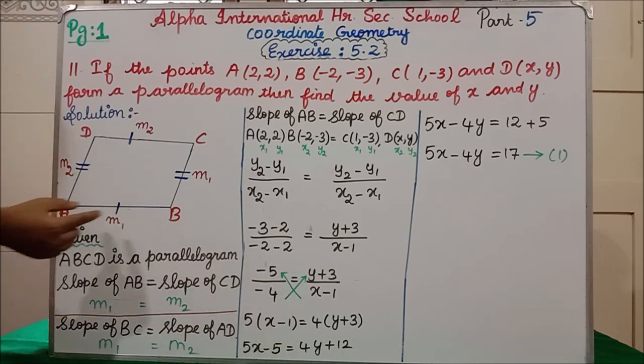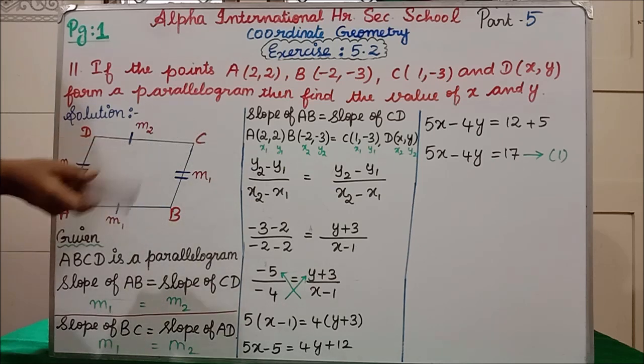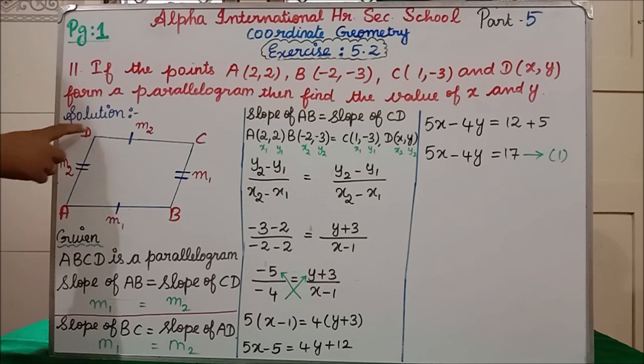So A point is here, B, C, D. When we join them we get the parallelogram. But they have given only three vertices: A, B and C. The D vertex they have not given; they have given x, y. Which means we have to find the value of x and the value of y.